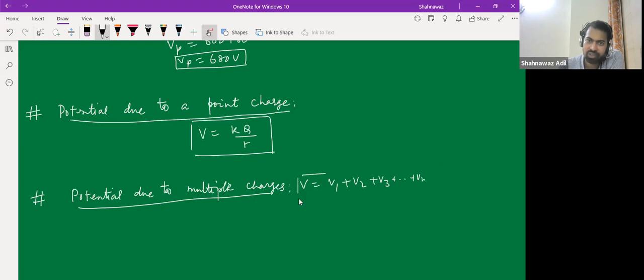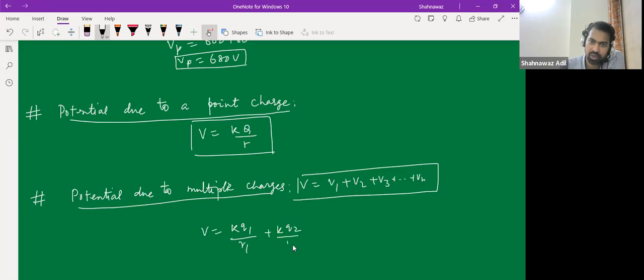The potential follows the algebraic sum. So V is kq1 by r1 plus kq2 by r2 plus kq3 by r3, and so on, kqn by rn. So this we already know.